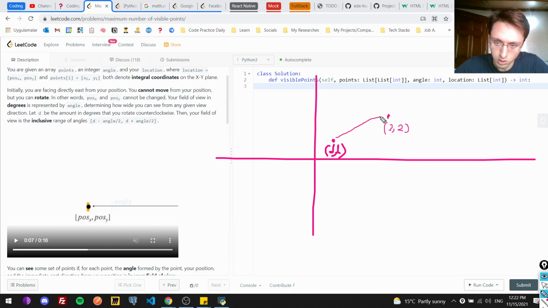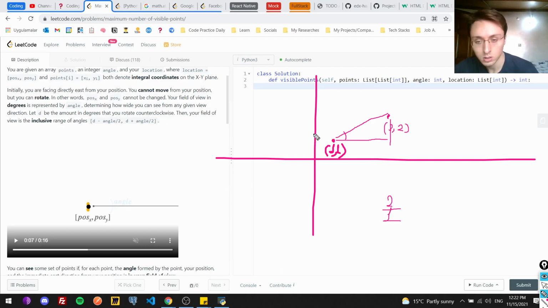So what's the degree here? That's probably like 2 and 1. So I'm wondering about this degree. I care about that degree because my field of view is dependent on my angle.